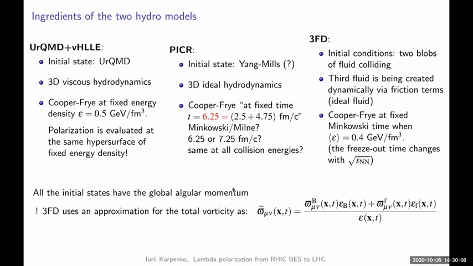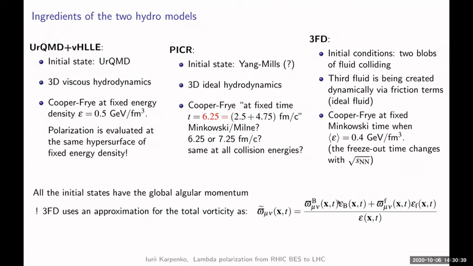The other particularity which I wanted to show is that in the latter case, the three-fluid hydro, because there are three fluids and not one, a certain approximation is used to compute the vorticity. The approximation is that the overall local vorticity is a weighted sum of the vorticities of the baryon fluid and the meson fluid.